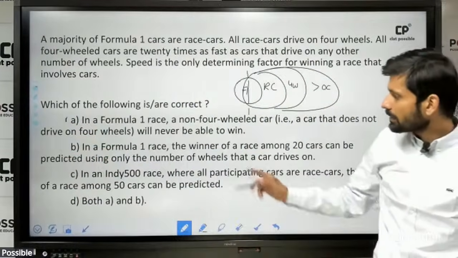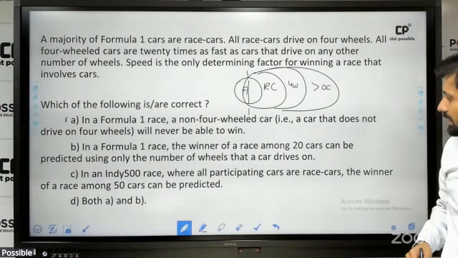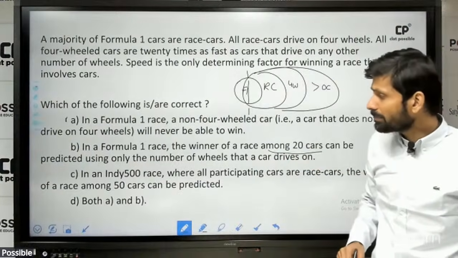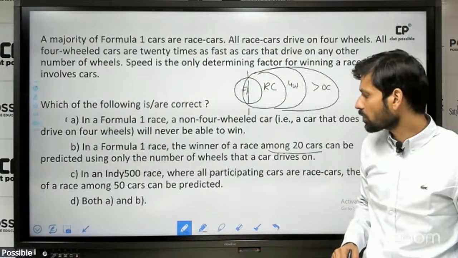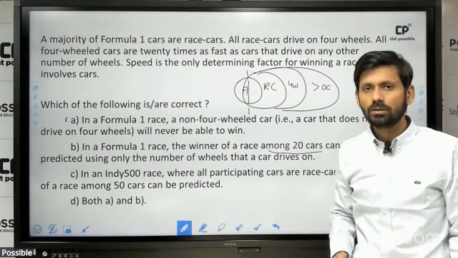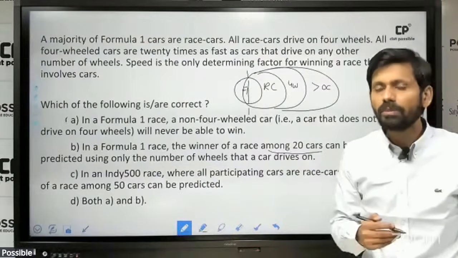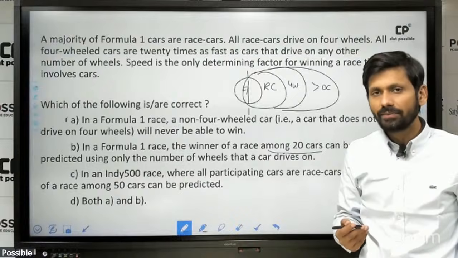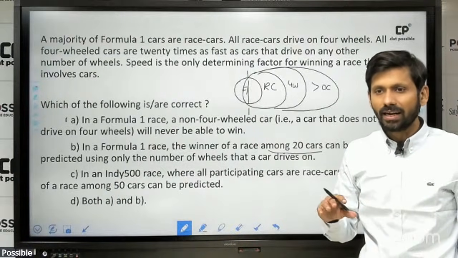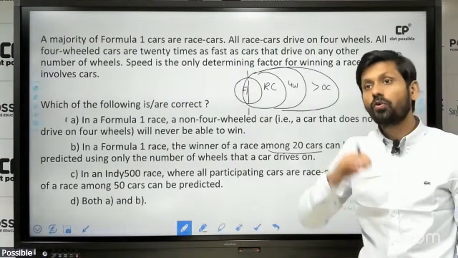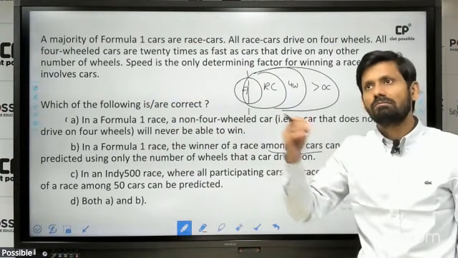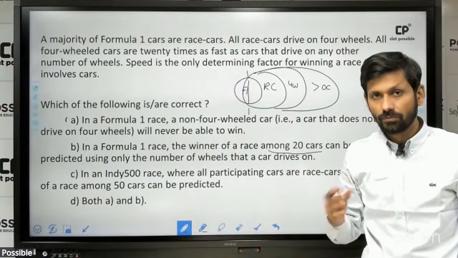B, in a Formula One race, the winner of a race among 20 cars can be predicted with only the number of wheels that a car drives on. That may look tempting in the beginning, but it is only a possibility. Why? For example, there are four-wheeled cars in the race and 3 six-wheeled cars.